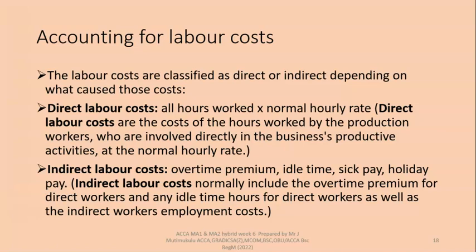Indirect labor costs include overtime premium, idle time, sick pay, holiday pay. Indirect labor costs normally include the overtime premium for the direct labor hours and any idle time hours for the direct workers, as well as the indirect workers' employment costs.